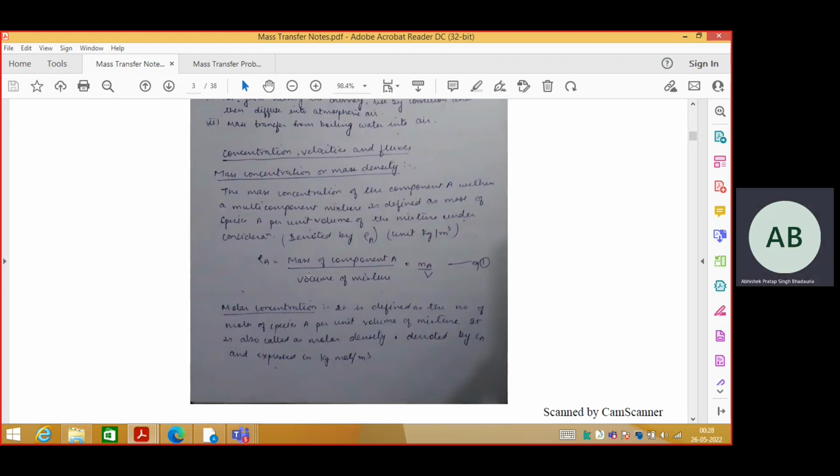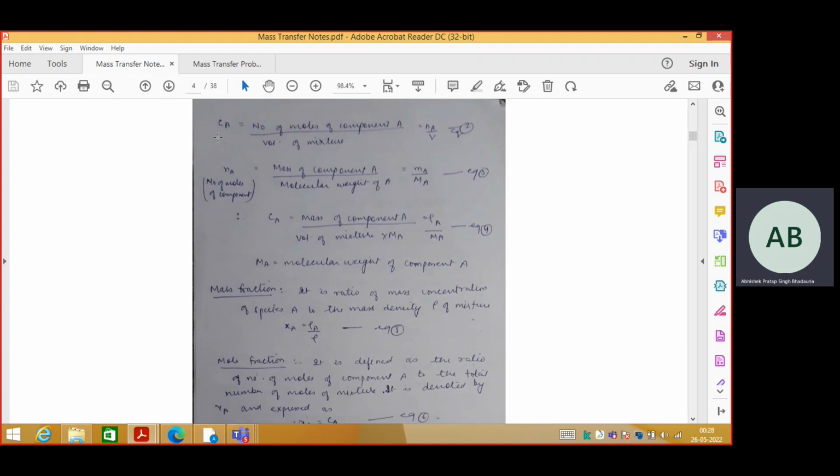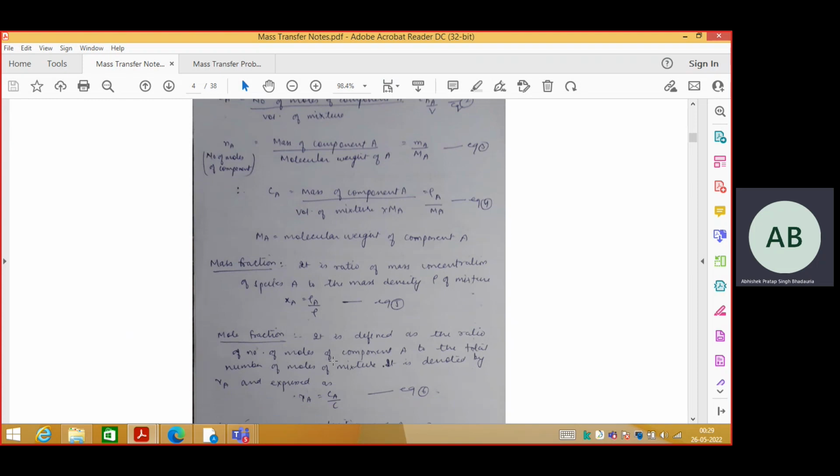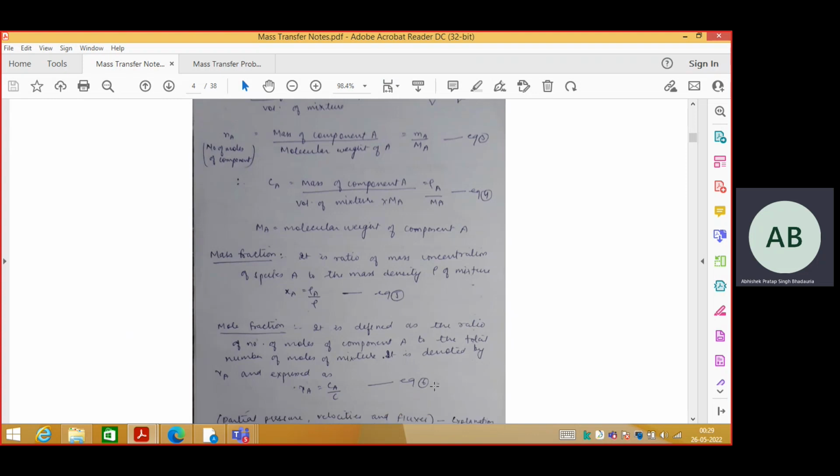Then we can calculate the mass fraction, which is the mass concentration of species A to the mass density of the mixture. Now the mole fraction is the ratio of the number of moles of component A to the total number of moles of the mixture.